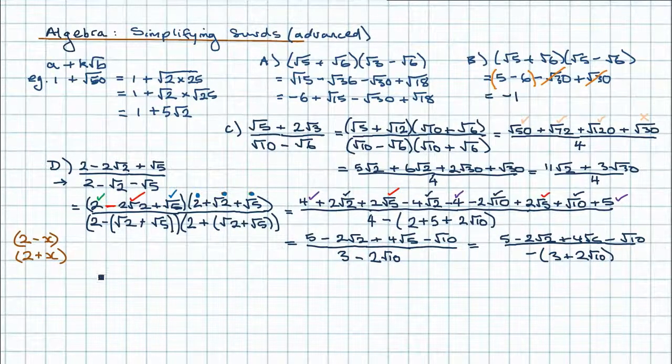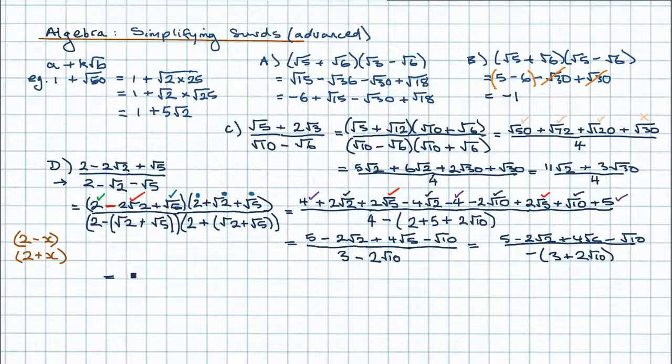Now, final stage then is to do the same sort of thing that we did up here, in fact, and what we did in the arithmetic surds video, which is to take the conjugate of this now.